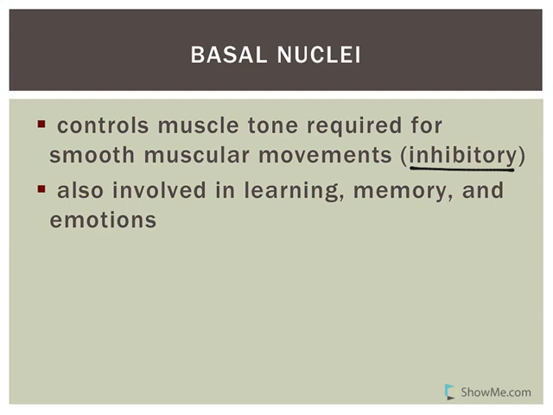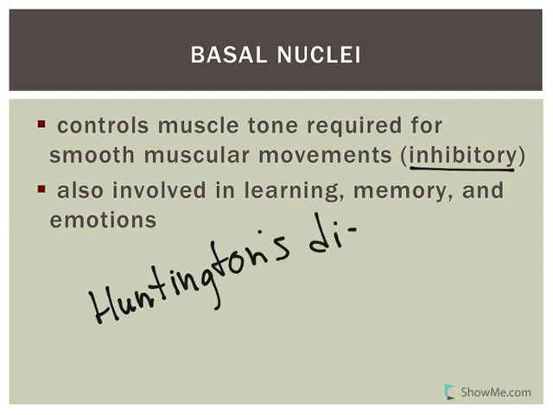muscle movements in a condition called Huntington's disease. It is an autosomal dominant disorder in which if you inherit one defective allele from a parent, you will get the disease.